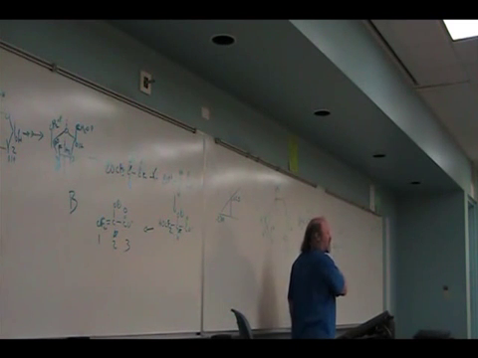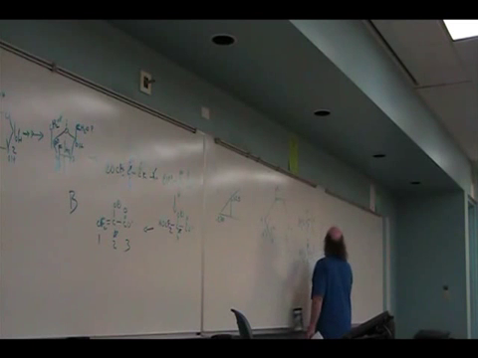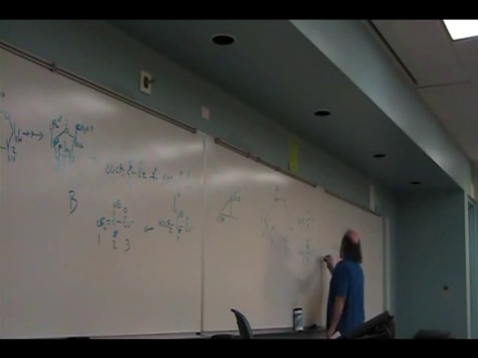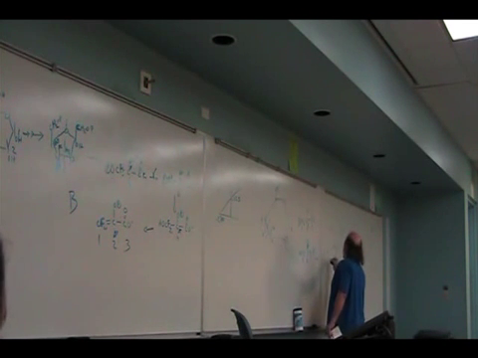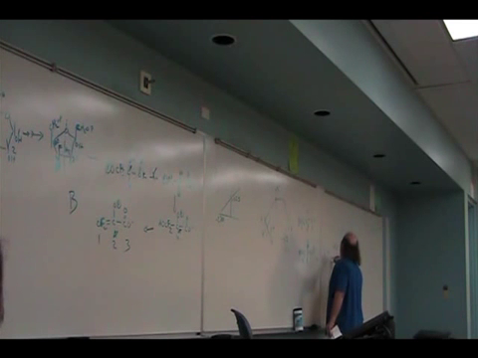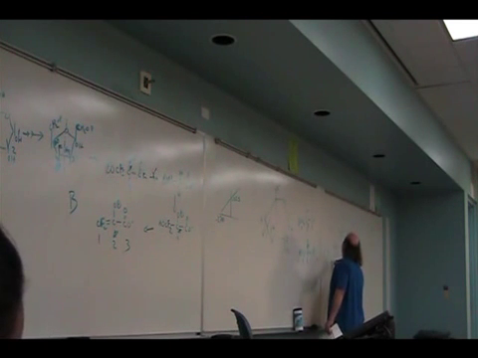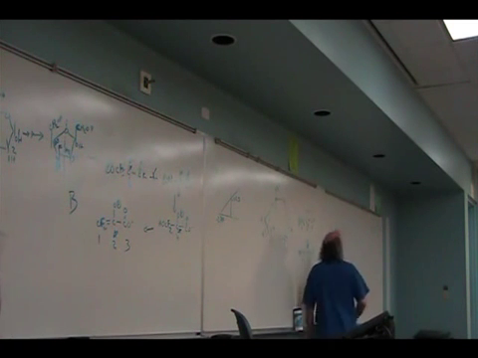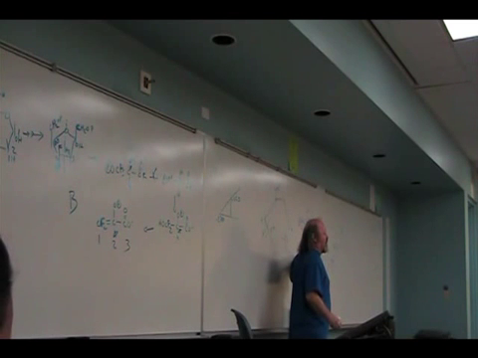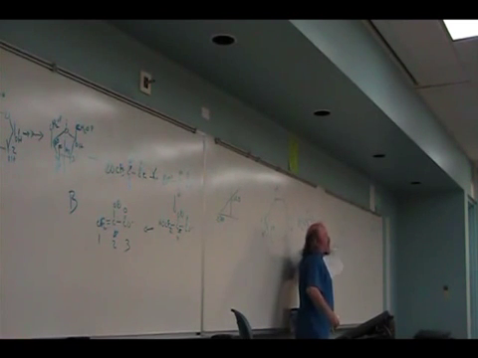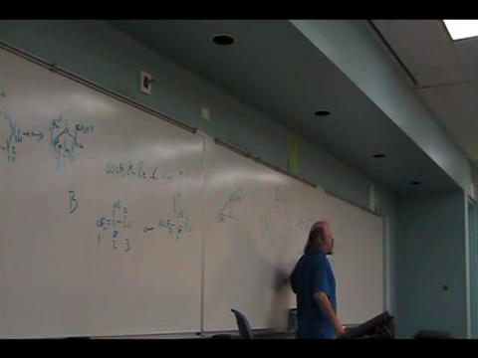What happens to this? This gets isomerized into that. This carbon here turns into an aldehyde. You don't do it with that one because it's got a phosphate on it. Okay, so this turns into an aldehyde. All right?